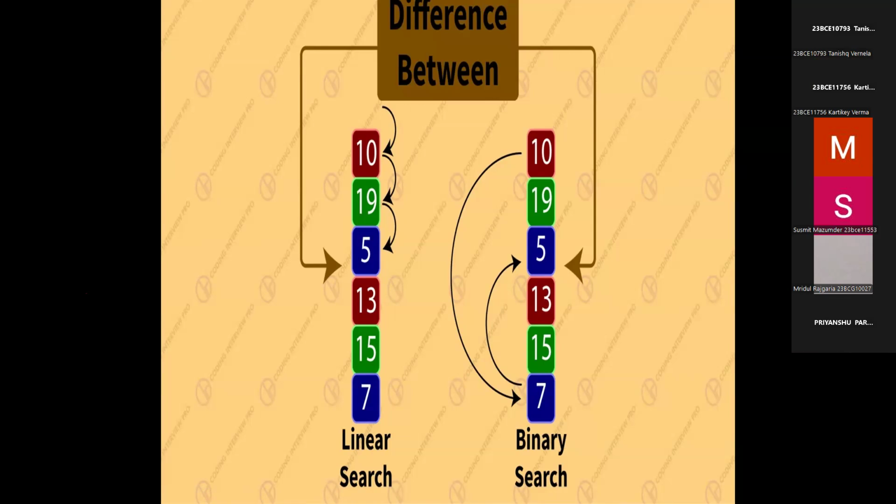Okay. So anybody can explain based on the diagram how linear search is different from binary search? There is not much logic. It's not a big concept. It's a very simple concept. We discussed the same concept with respect to library, how we are searching the book in the library.